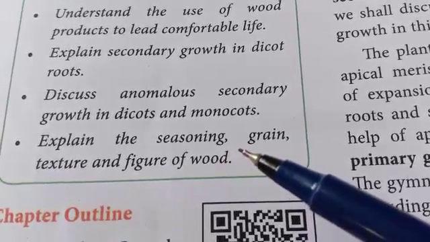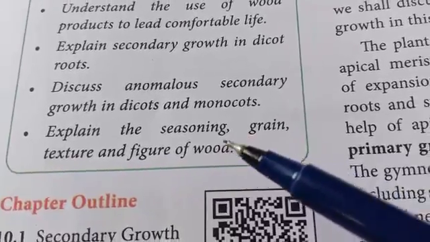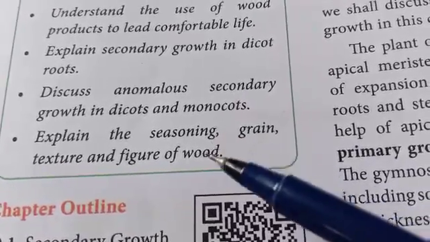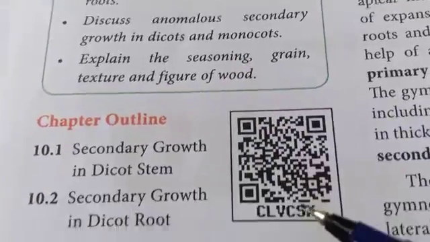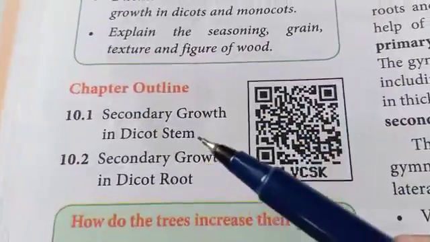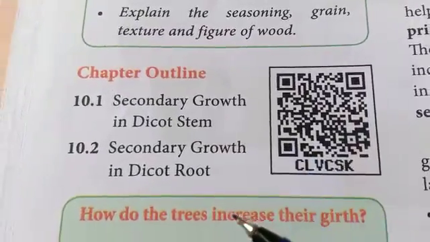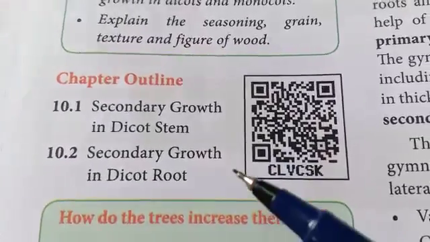How do we protect our grains? Seasoning the wood, how do we take care of the wood, the texture? That is a very important topic. So the main outline is about the secondary growth in dicot stem and in the dicot root.